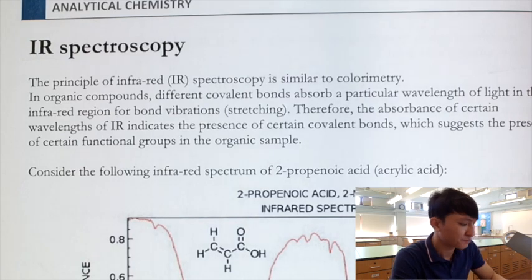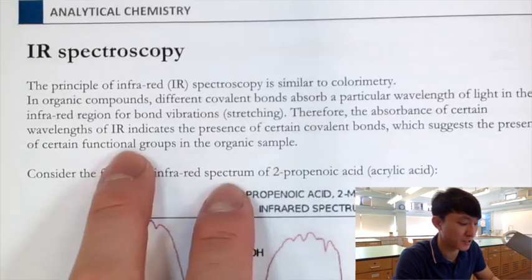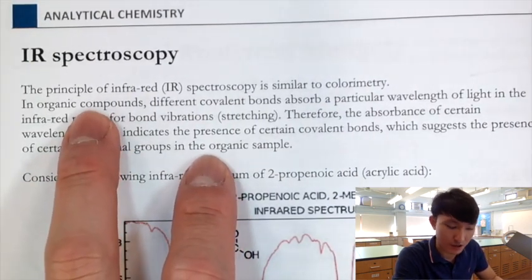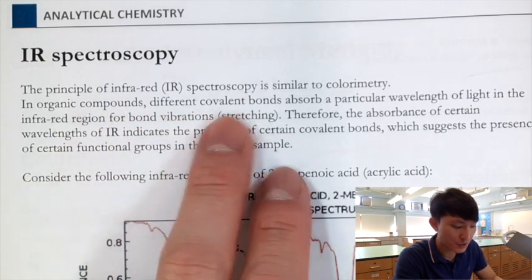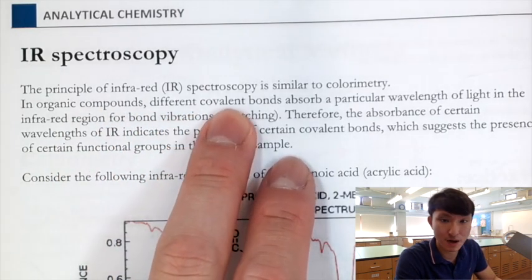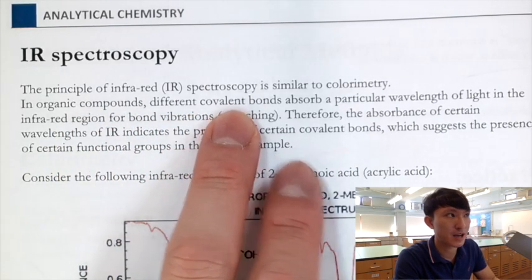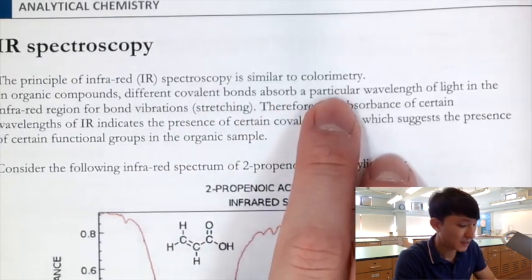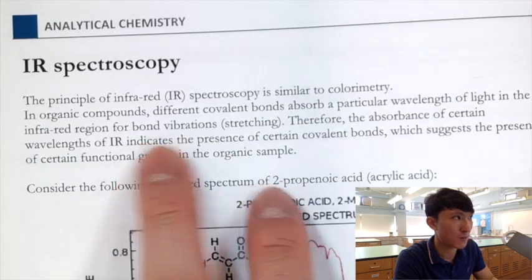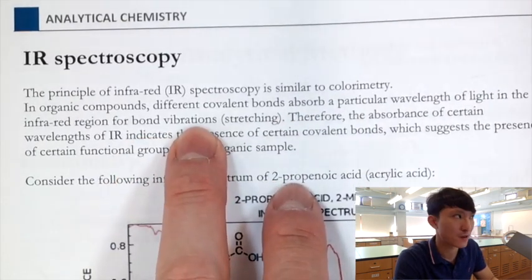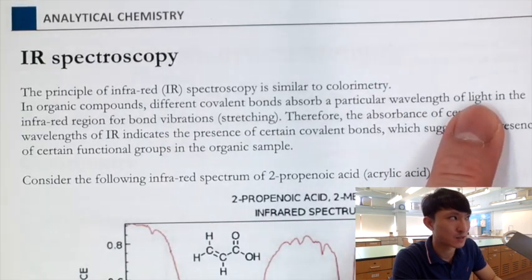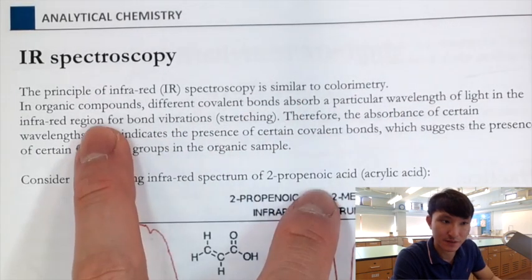Now, let's have a look at some basic principles. Organic compounds are covalent molecules, so they have different covalent bonds, and different covalent bonds are able to absorb a particular wavelength of light in order to carry out something called bond vibration. And this particular light is within the infrared region.